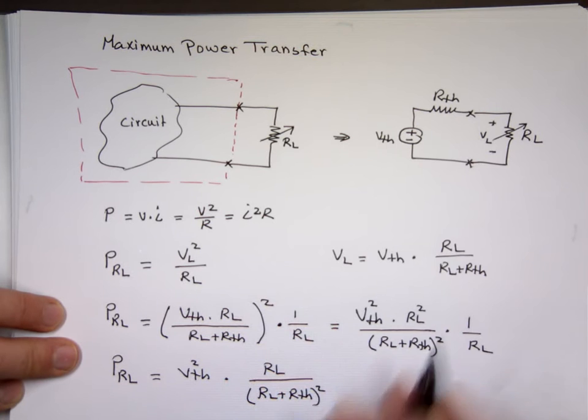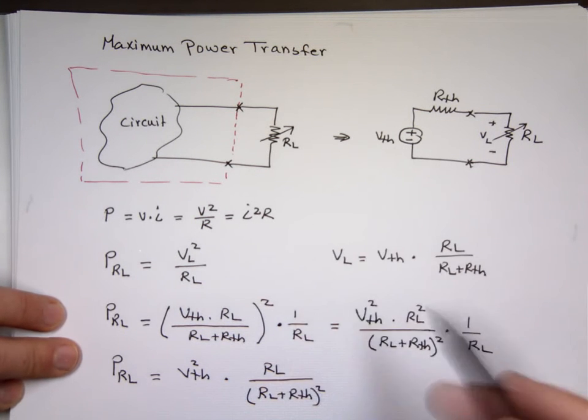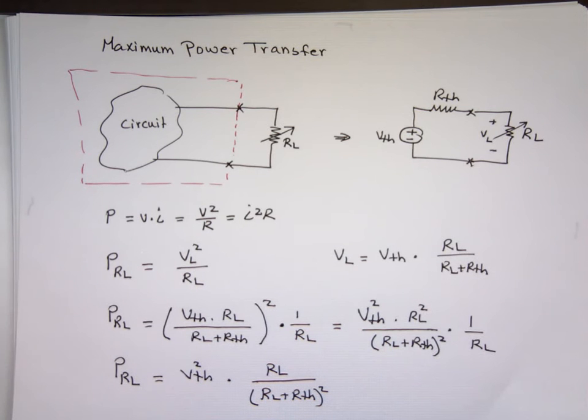Keep in mind R Thevenin is a constant value, V Thevenin is a constant value. The only thing that's changing is R sub L.